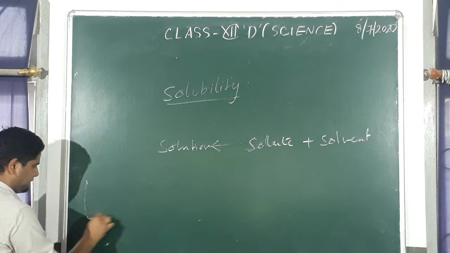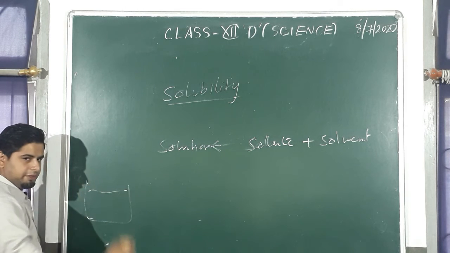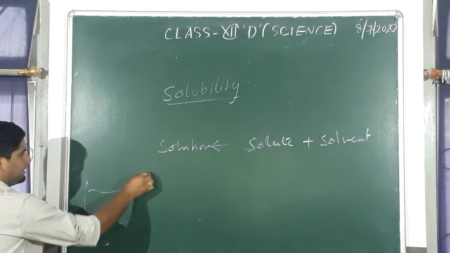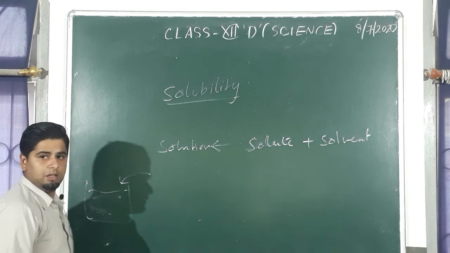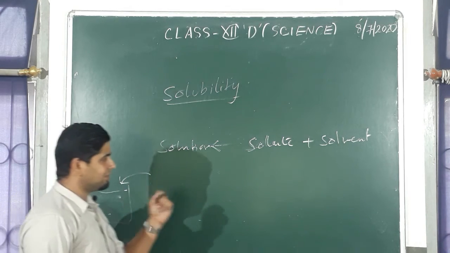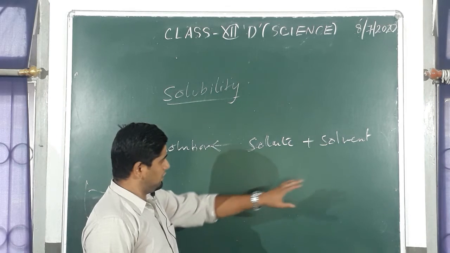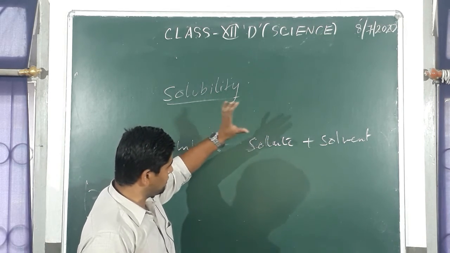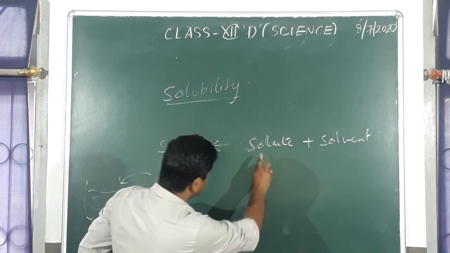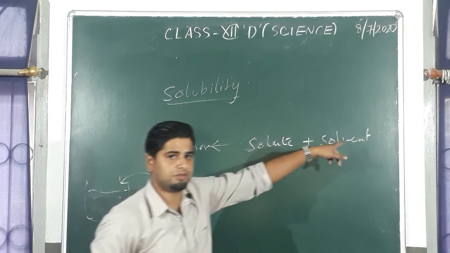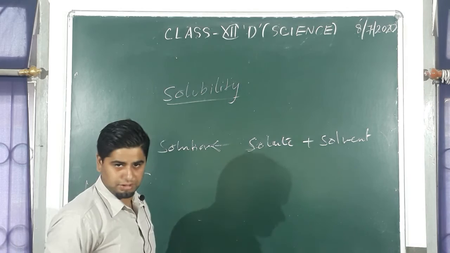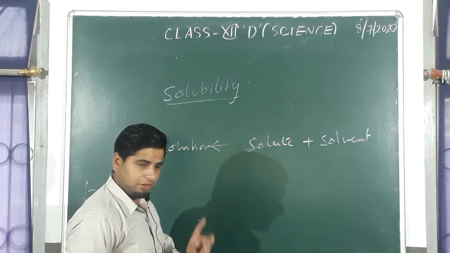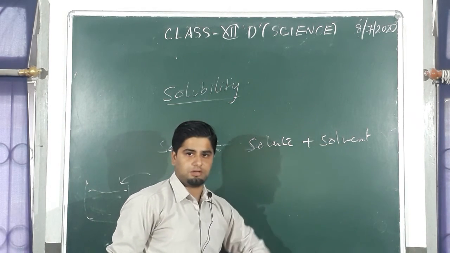I'll give you a simple example. Suppose this is a solvent. If you add any solute into it, then it will become a solution. The process of the solute getting dissolved in the solvent is called dissolution. Dissolution is a process in which solute gets dissolved in the solvent.